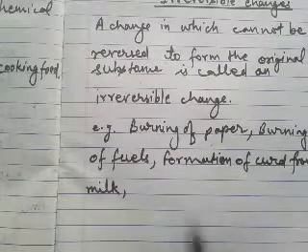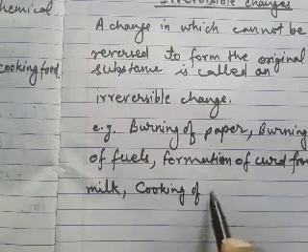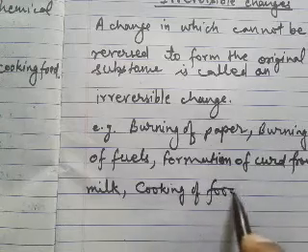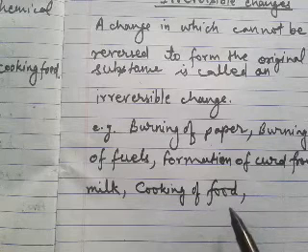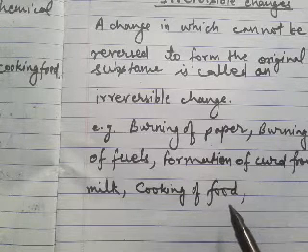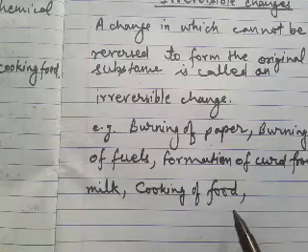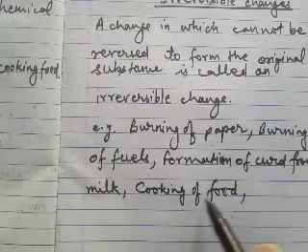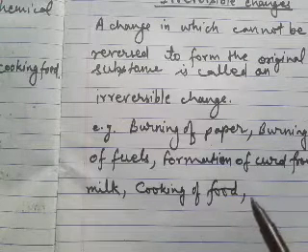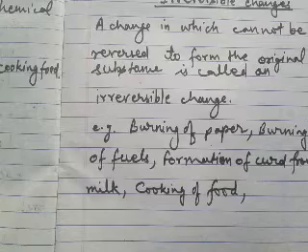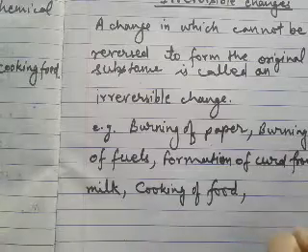Other changes are like cooking of food. When we cook a raw food material, it is converted into cooked food, and from the cooked food we cannot again get back the original raw food material.